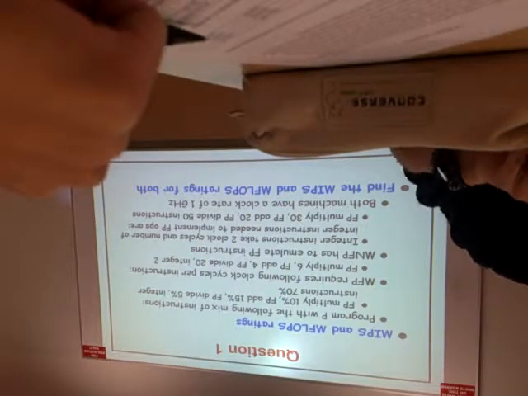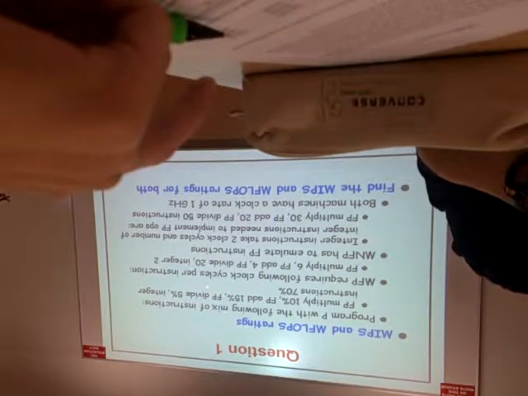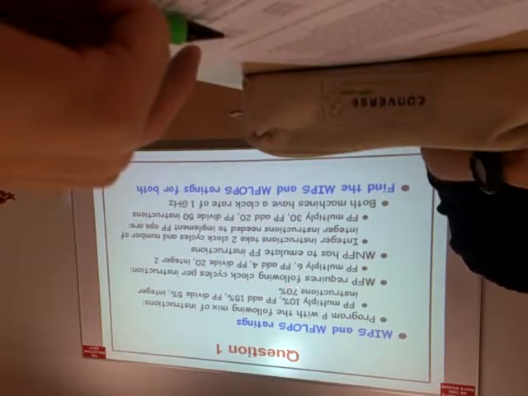We're told that we have a program with a mix of instructions. In the program, 10% of the instructions are floating point multiply, 15% floating point add, 5% floating point divide, and 70% integer instructions. And we're told we have 2 machines.